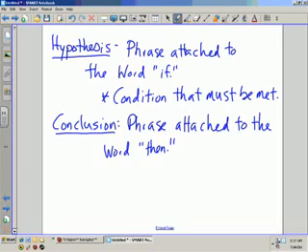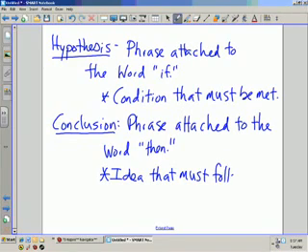And simply stated, once the condition is met, this is the idea that must follow. Please pause the presentation so people can catch up.